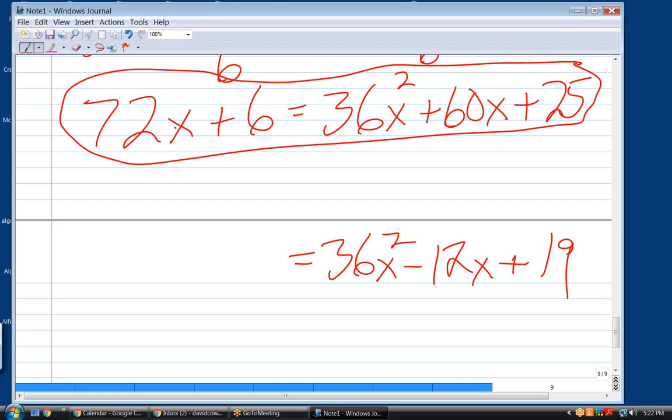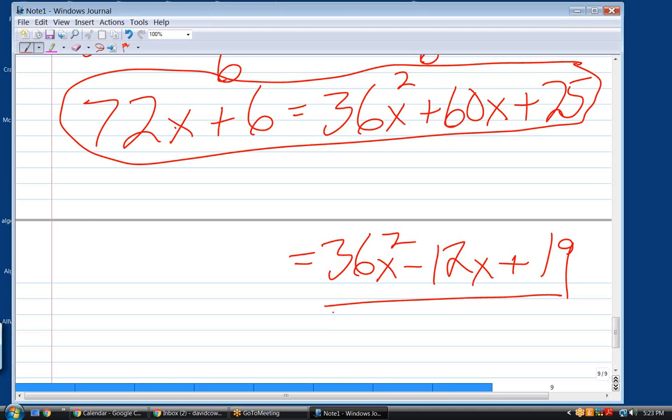It's a strange number. In other words, there are no factors of 19 other than 19 and 1. So this is not going to be easy to factor. I cannot even take a greatest common factor out of that to reduce it.